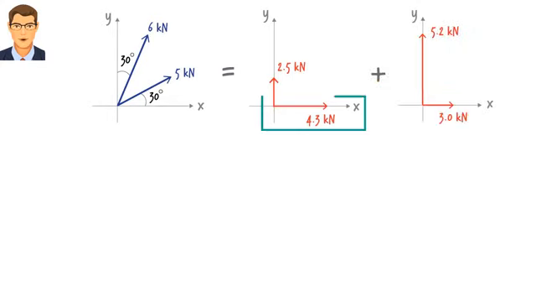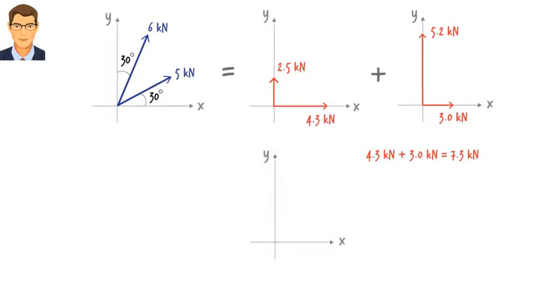We then add these x components together. This gives us a force vector along the x-axis with a magnitude of 7.3 kilonewtons. And we add the y components together to get a vector with a magnitude of 7.7 kilonewtons. This represents the sum of these vectors in component form.